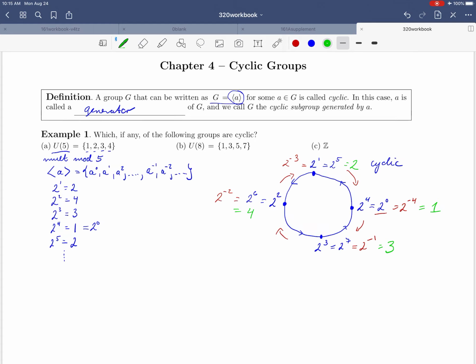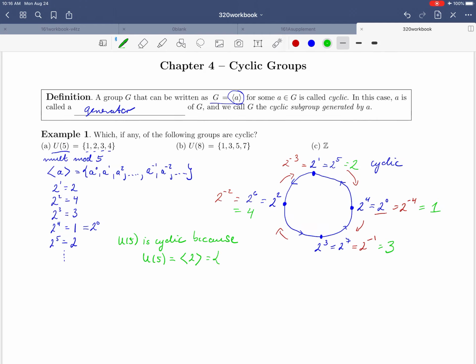So my diagram is getting a little bit busy, but in this cycle, you're really seeing a lot of what is going on in this group. And we picked up every group element just by taking higher and higher powers of 2. We cycled through every single element in U5, and so we are saying that U5 is cyclic because U5 is equal to the group generated by 2.